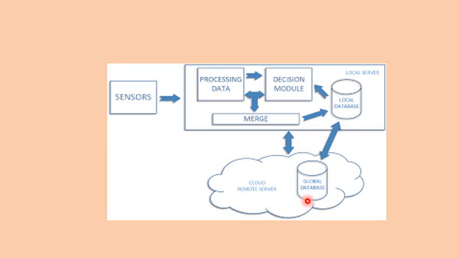Got it? And also, you can see here the bidirectional arrow might be possible. Sometimes we also need the information from here. In place of keeping it in your local system, you are putting it on a global system. You will take the information from here, then again you will process it further. Right? So you can see here all these arrows. These arrows are representing the flow of information, and how that information is processed.